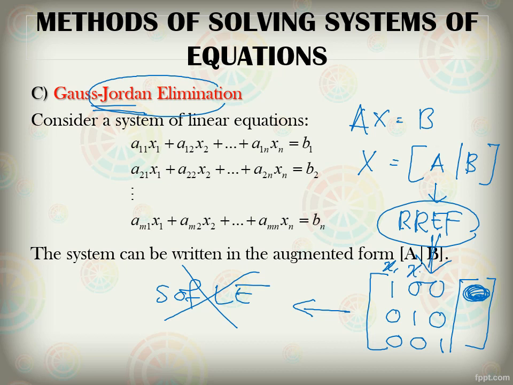Same goes for x2 in the second row, because the second row only has the coefficient for x2, so you can instantly see the solution for x2. And for x3, since only row 3 has the coefficient for x3, you can instantly see the solution for x3. Understand?